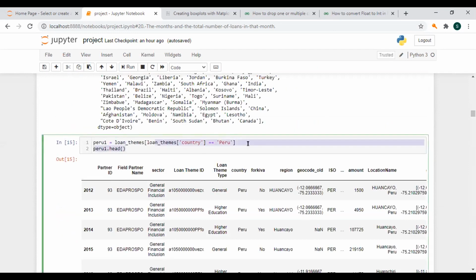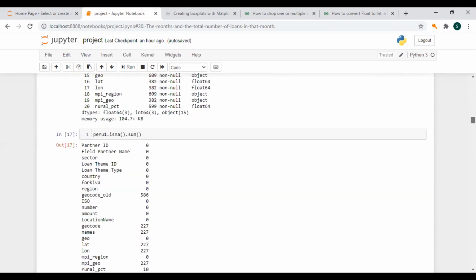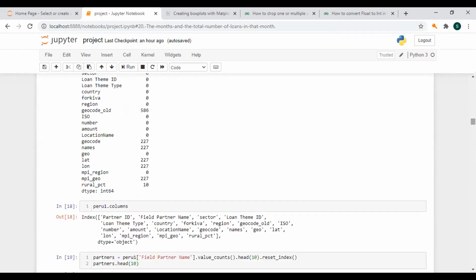So yeah, all about Peru, to get to know more about it. Then the cleaning process and getting to know more about the loan. Then here I did a single out field partner, value count, then the head.